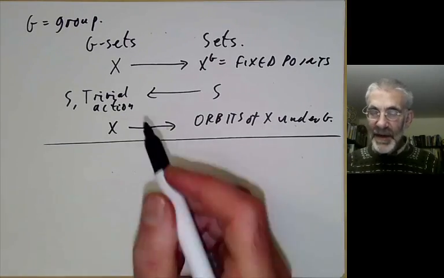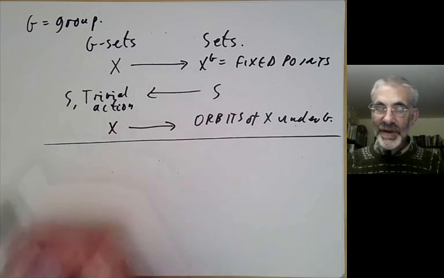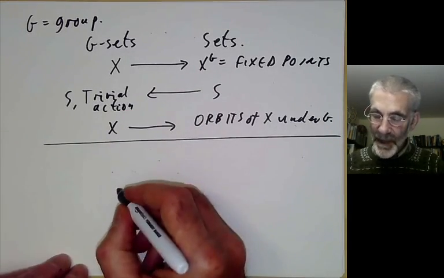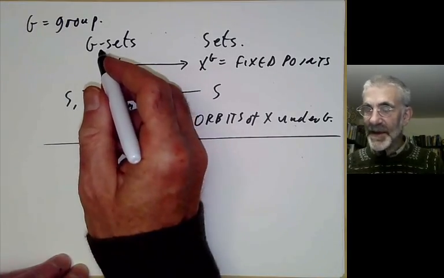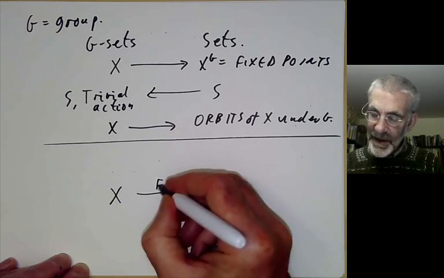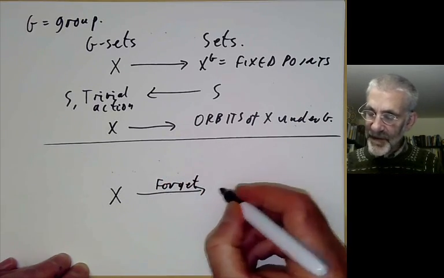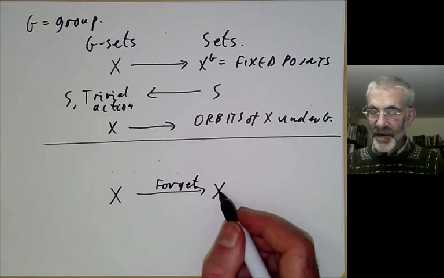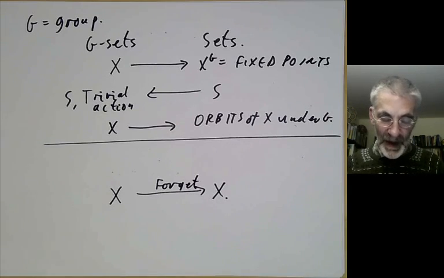There's actually a second way to find a triplet of functors, one of which is a left adjoint and one of which is a right adjoint. Here, if I take a G set X, I can just forget that it's got a G action on it. So I can just apply the obvious forgetful functor and get the set X, where I've just forgotten that it's got a G action.